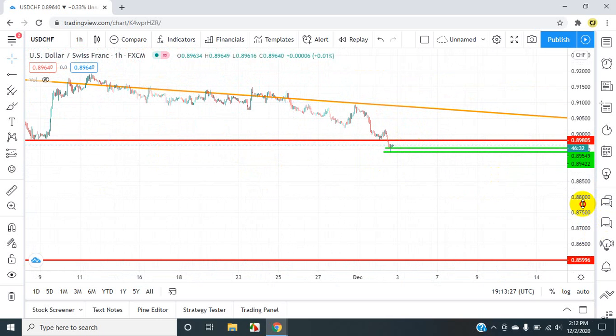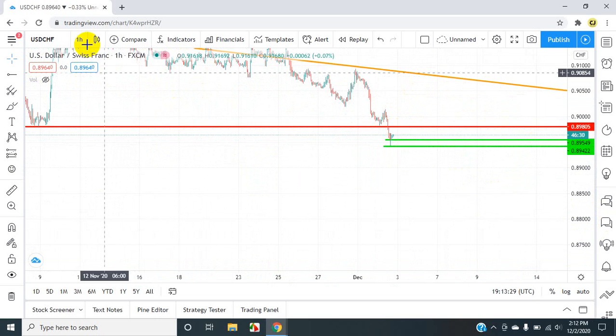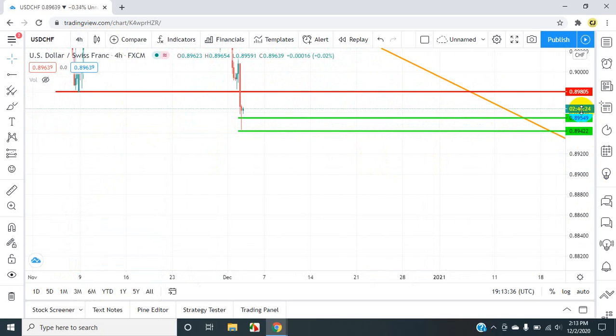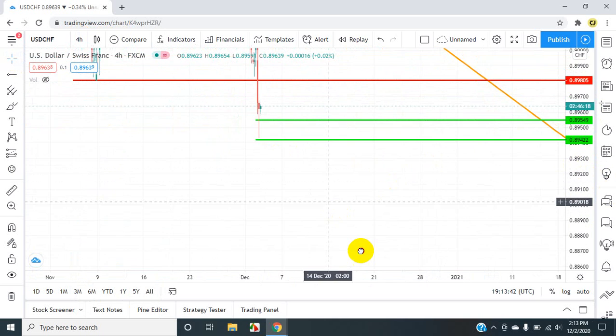I know sometimes I state in my videos, let me go to my 4 hours real quick so you guys can see what I'm talking about. I always say SR lines, but I don't think I give the breakdown of what SR lines are. So just a quick breakdown.